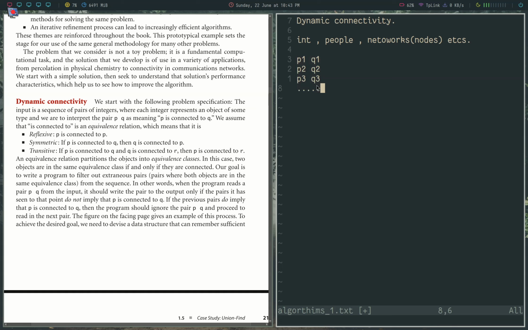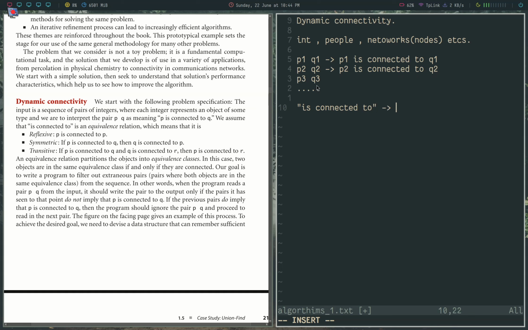And now if this has been given, then this implies that P1 is connected to Q1, and the same pattern follows here. P2 is connected to Q2, and so on. But what does "is connected to" actually mean mathematically?